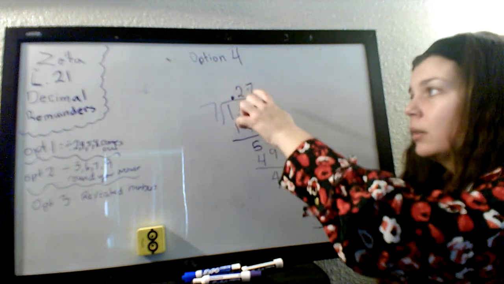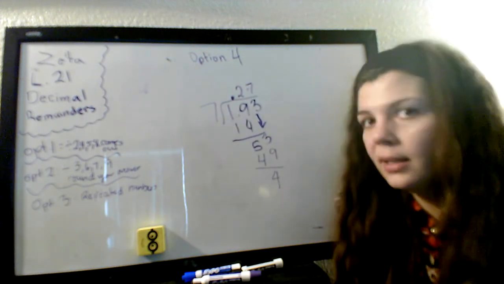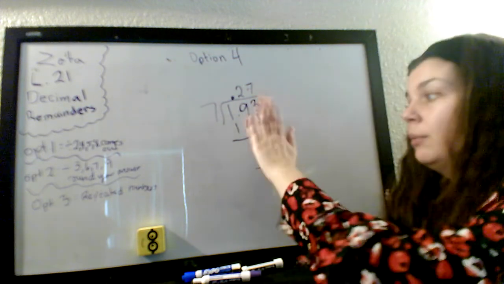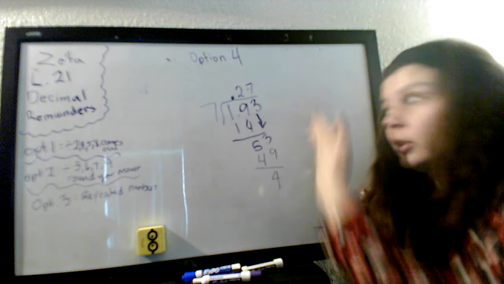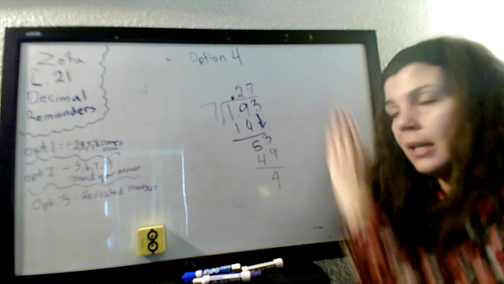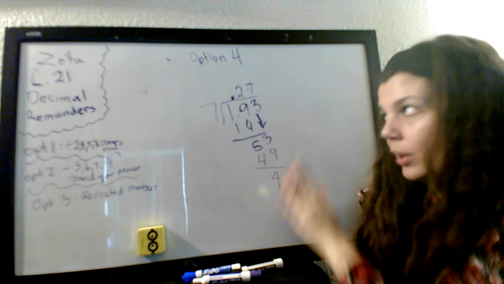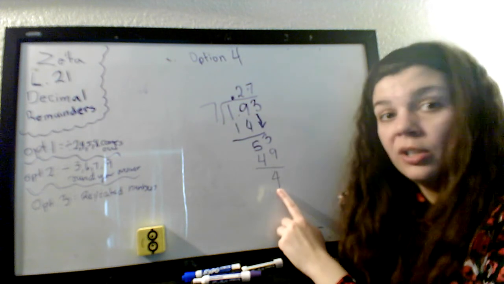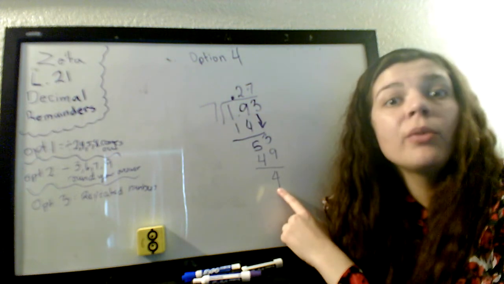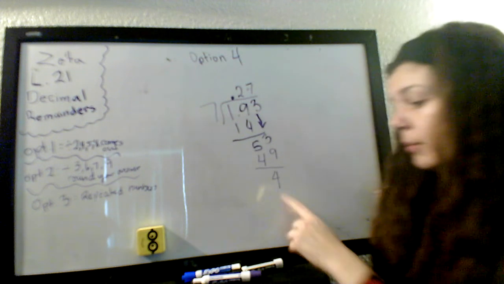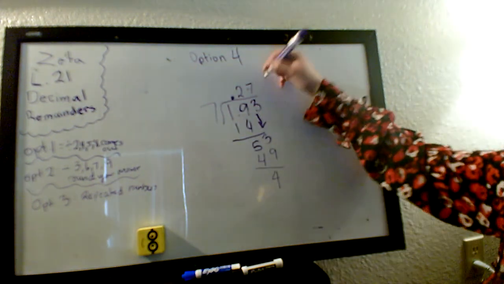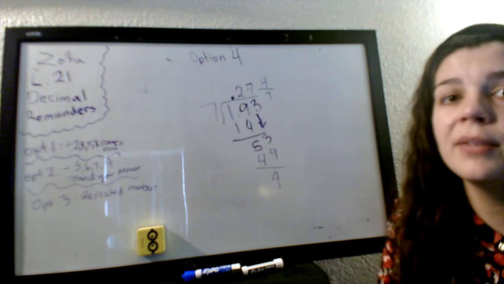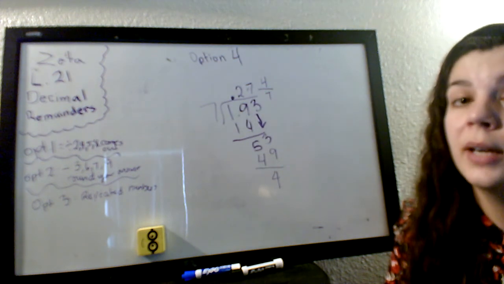And then they tell us to put a fraction on the end. If we are officially done with our problem right now, and we don't want to keep adding zeros because they want us to do this specific thing, option 4, then it's just a regular division problem. If they'd want a fraction, we'd put 4 sevenths. So 0.27 and 4 sevenths. All right?